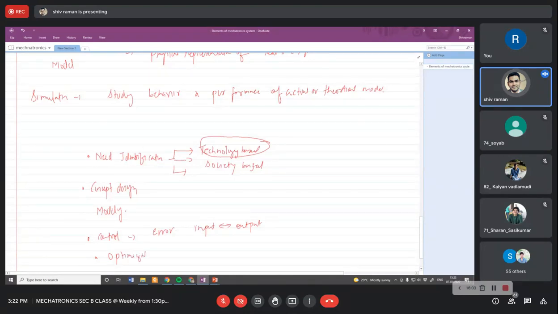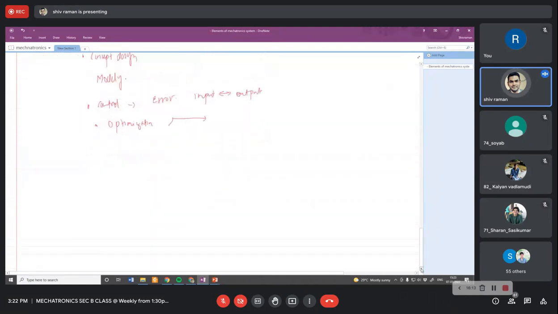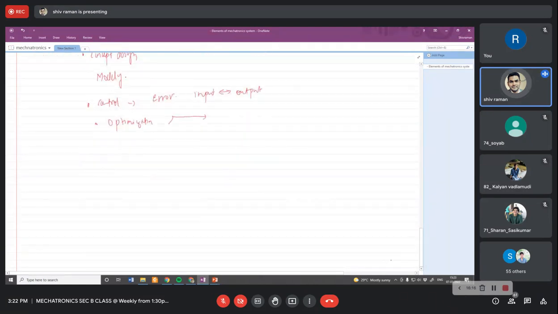In optimization, you might have had this optimization subject in a previous semester, I think as an elective, I am not sure. Basically in optimization, you take help of various mathematical equations or statistical tools through which you optimize your process in order to get a good output.